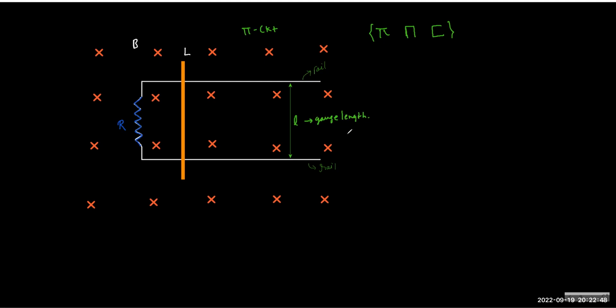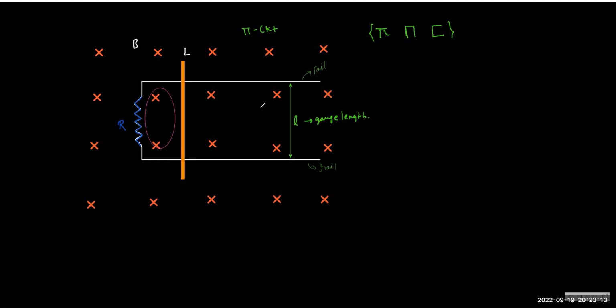What is gauge length? When we have a rod as part of a circuit, the current will establish only in the loop. So definitely current will never pass through this part or this part, isn't it? Because that part is not part of the loop. Do you realize this?